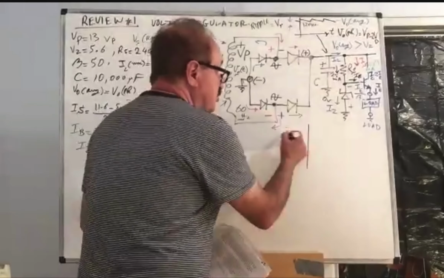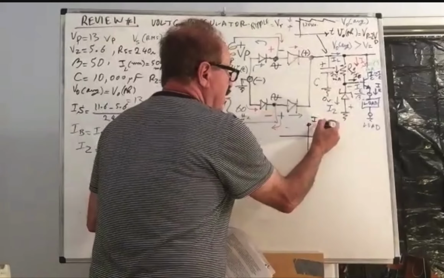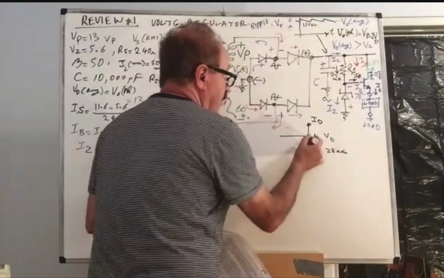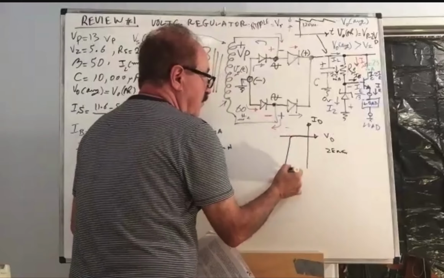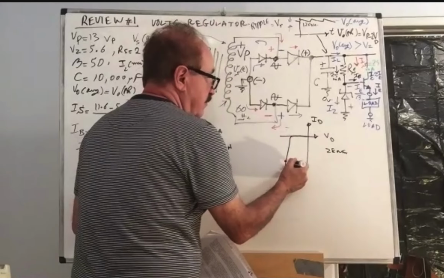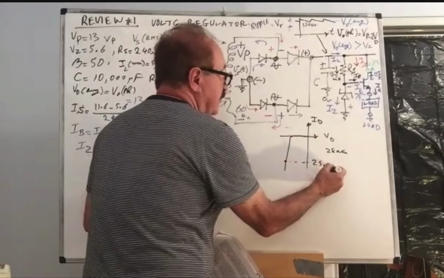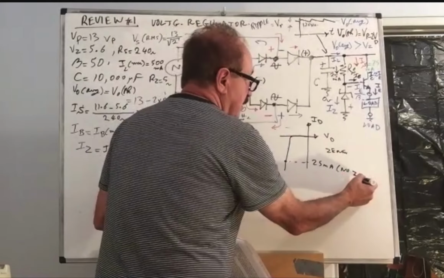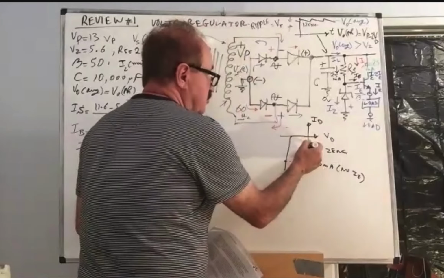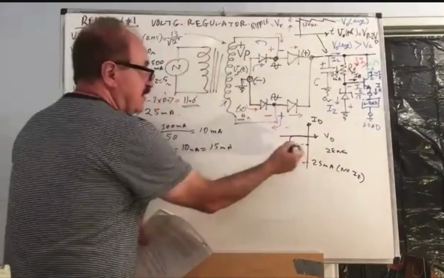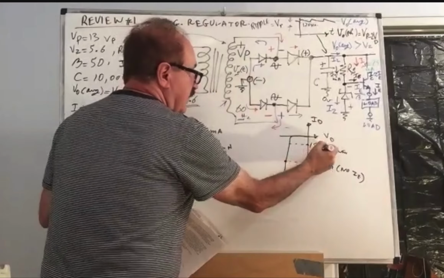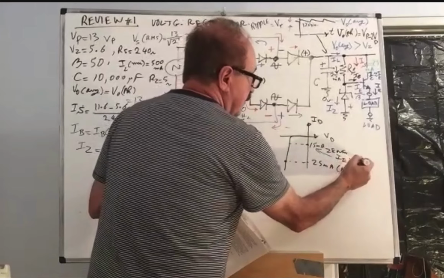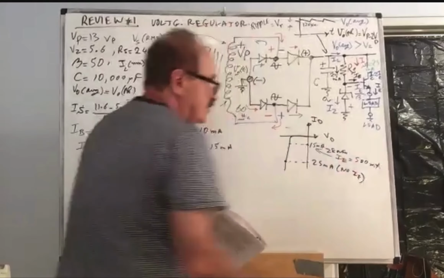So this is the situation for your Zener. I of the diode, V of the diode. Here, 25 milliamp, no load, no IE. It goes to here, 15 milliamp, when IE is 500 milliamp. So that's great.